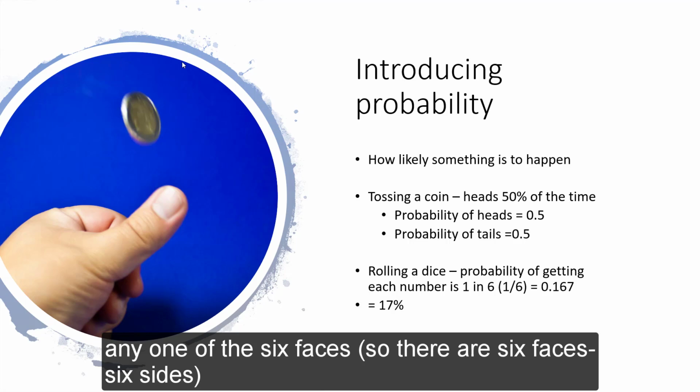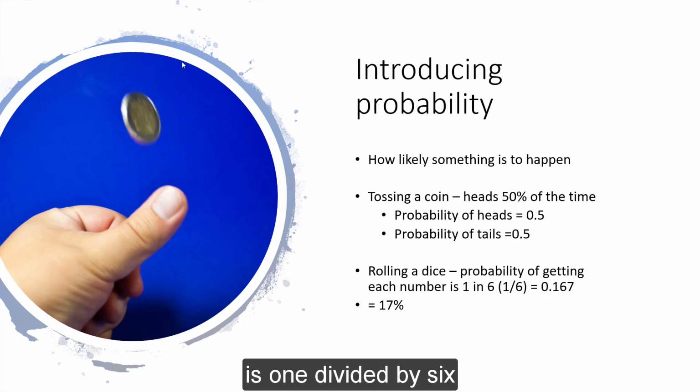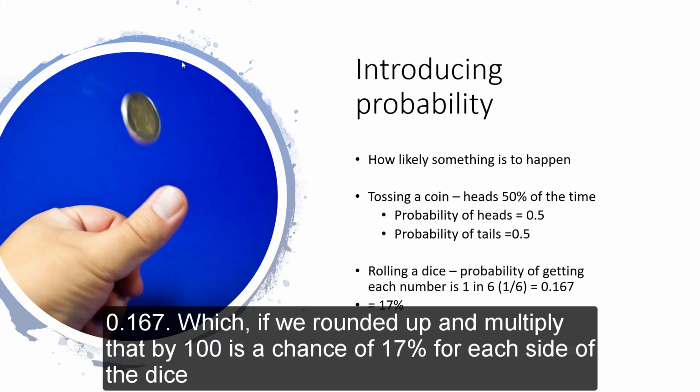So the probability of getting each number is 1 divided by 6, which is 0.167, which, if we round up and multiply by 100, is a chance of 17% for each side on the dice.